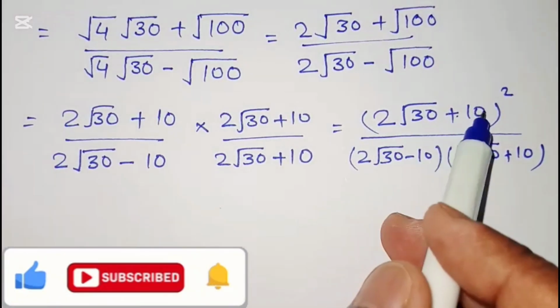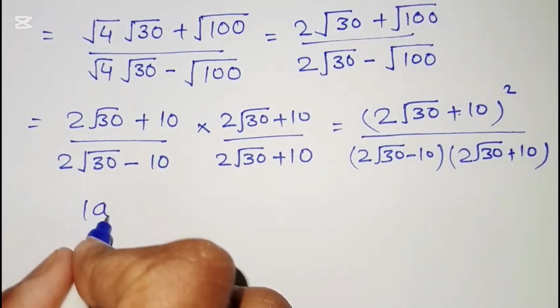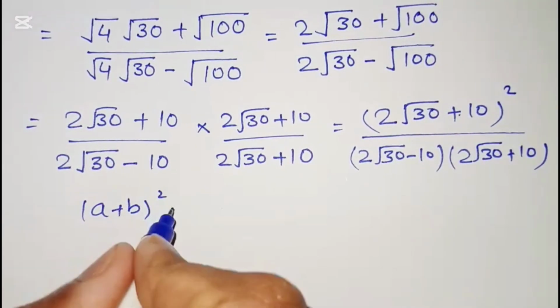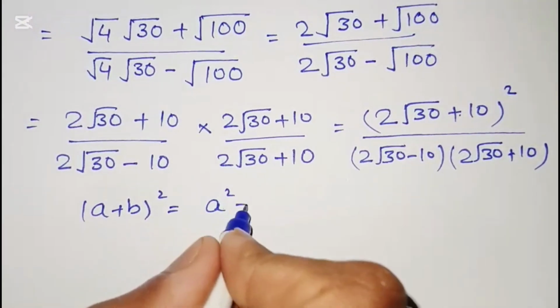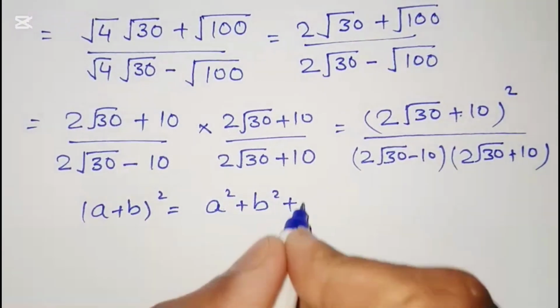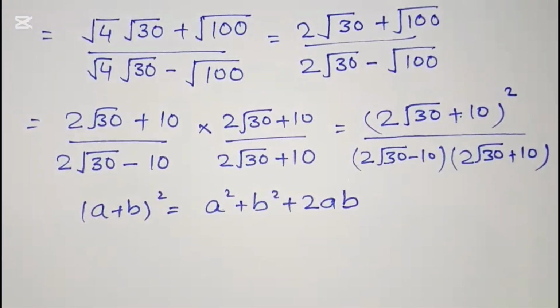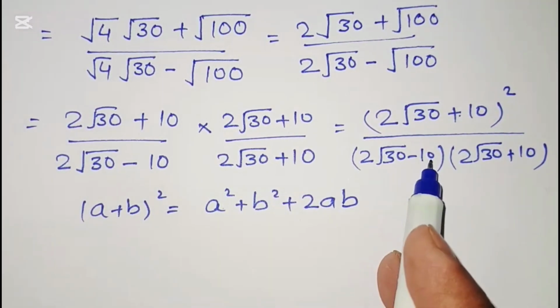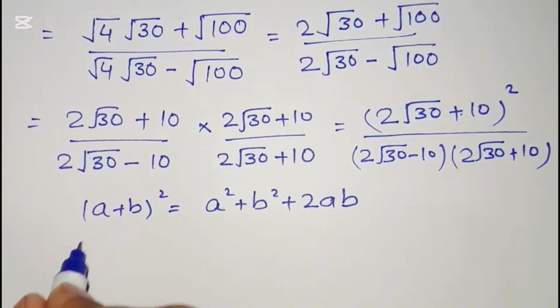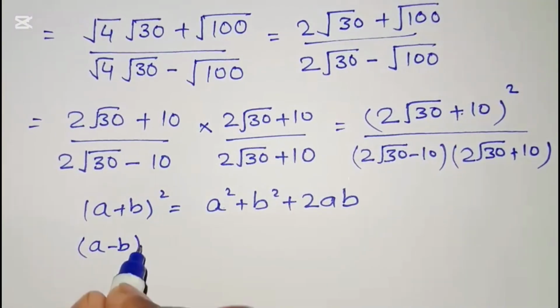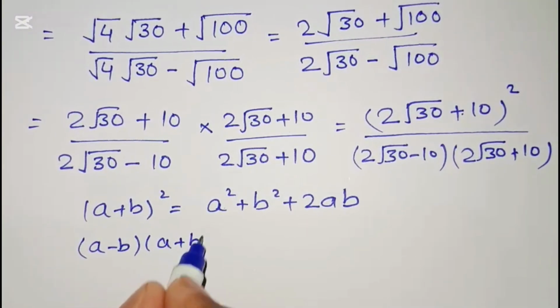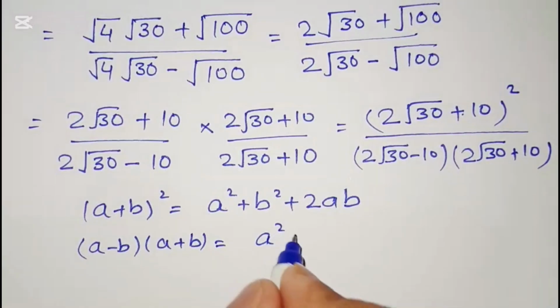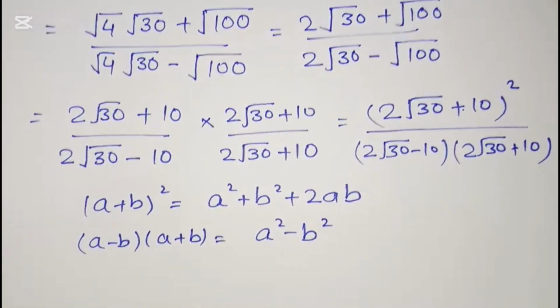The numerator is a plus b whole square. What is a plus b whole square? This is a square plus b square plus 2 into a into b. And what is in the denominator? A minus b times a plus b, and we all know that a minus b times a plus b is equal to a square minus b square.